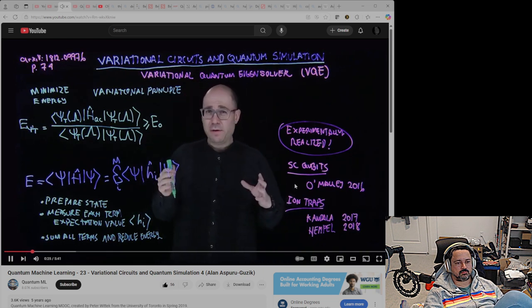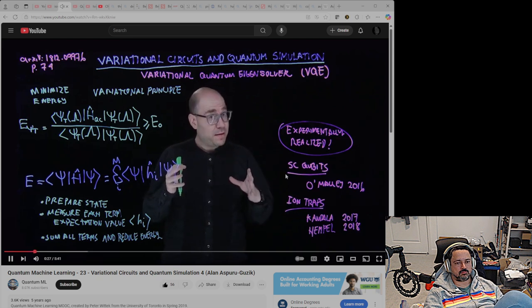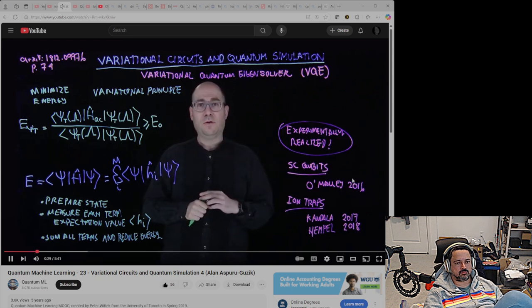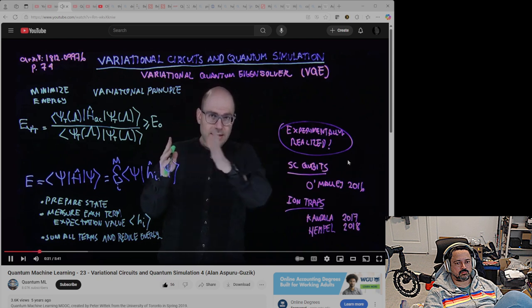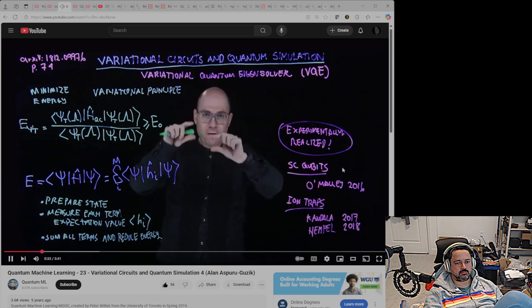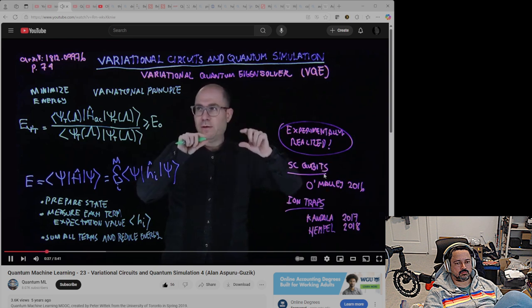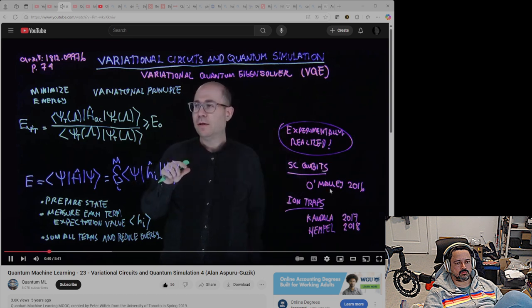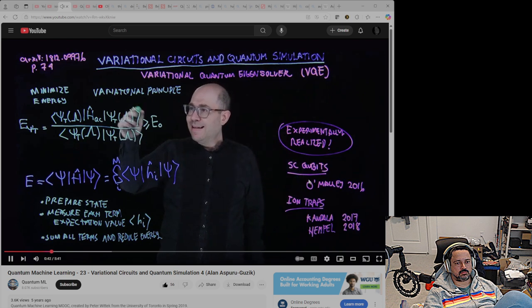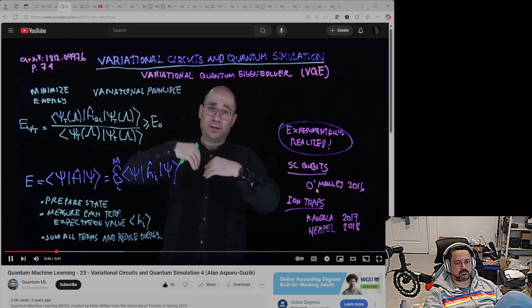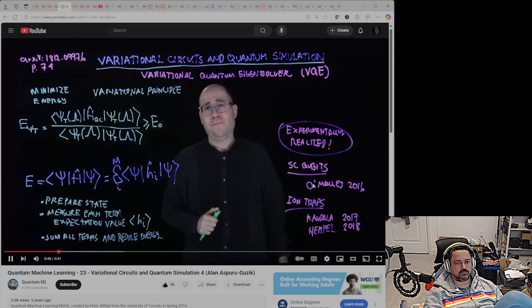And what I mean by a trial wave function is a wave function that was prepared with that stencil for a quantum circuit. In other words, a circuit that has m number of parameters, lambda 1, lambda 2, lambda 3, all the way to lambda m, defining the family of quantum states that particular circuit stencil can reach.